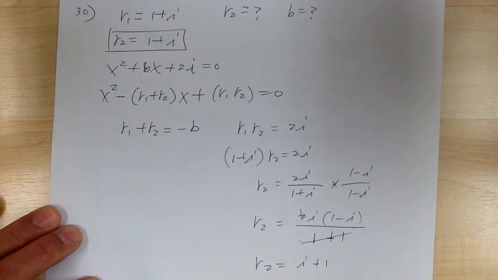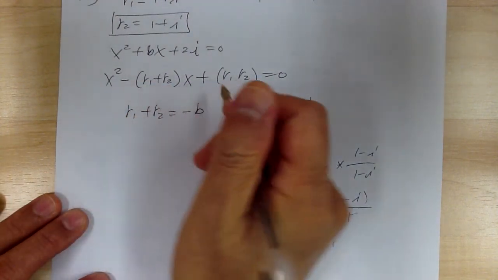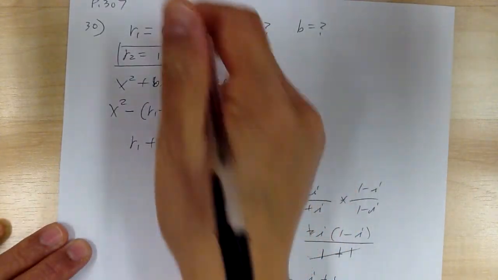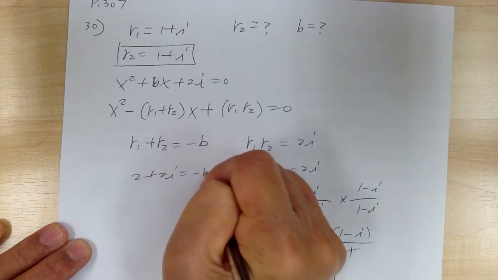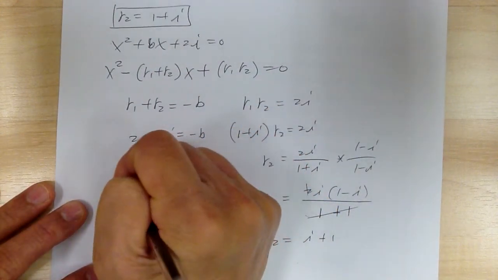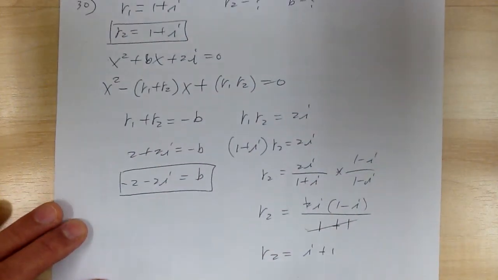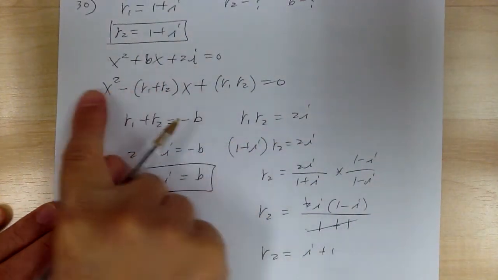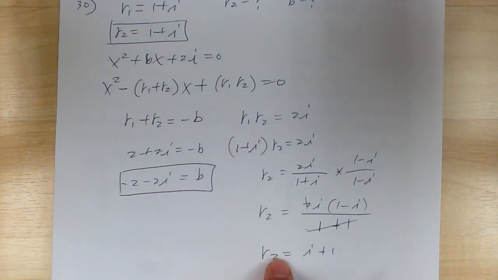From here, now you have to look for B. So you substitute, and if you know that both are the same, you can just substitute. You're going to get 2 plus 2I equal to negative B. So B equal to negative 2 minus 2I. Okay? So that's why you have to know how to use it. You can just write out your root equation and just do the matching when you have to do this kind of problem.